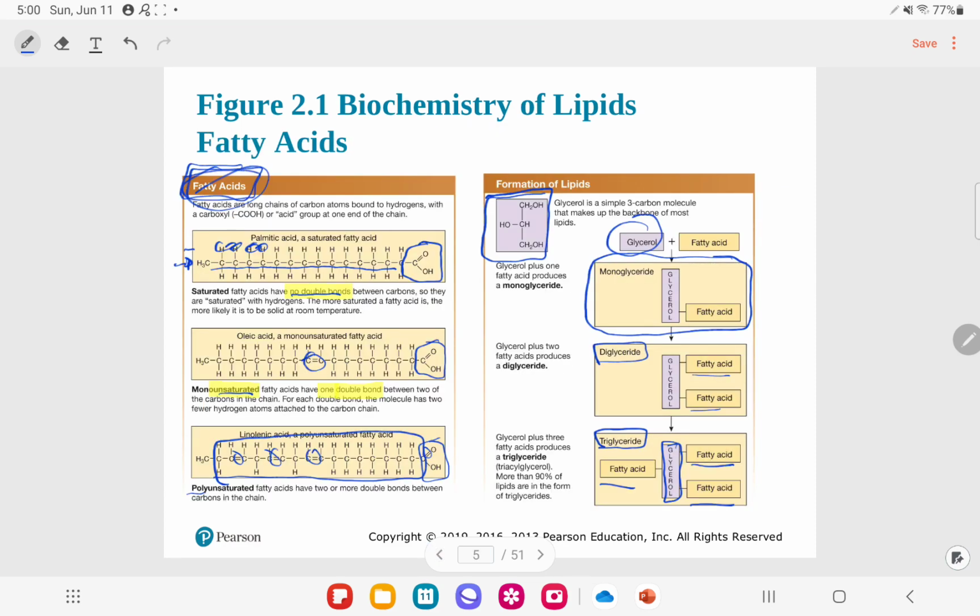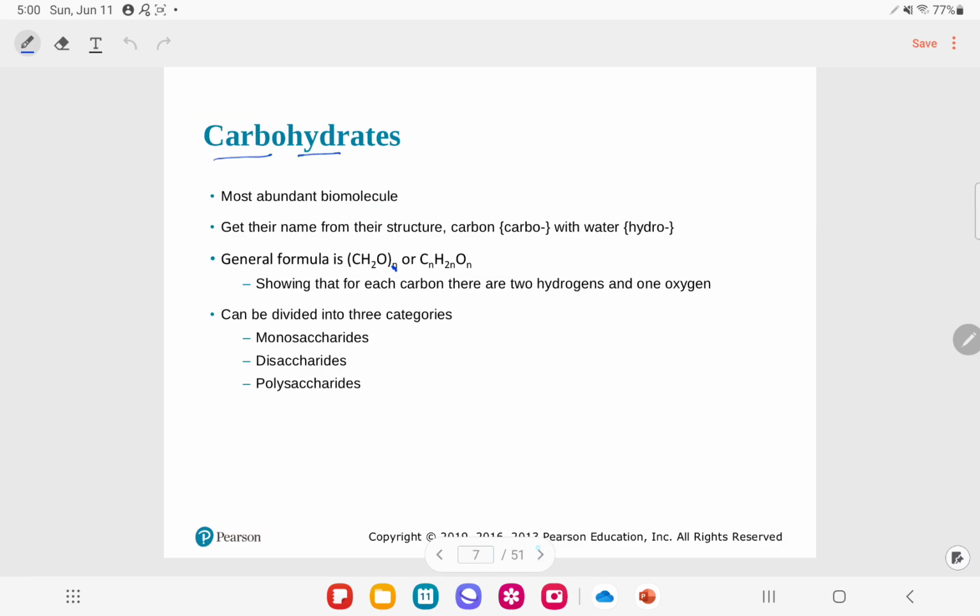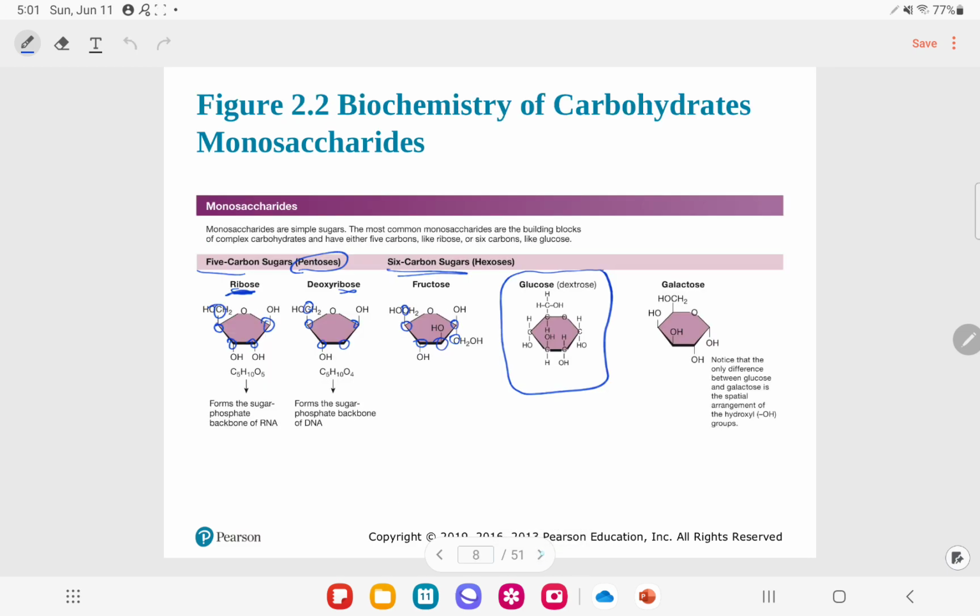And for carbohydrates, we have these monosaccharides and disaccharides as the building blocks. Carbohydrate is a complex sugar. So you take these simple sugars, you add them together, and you make a complex sugar, okay? So those are the units or the building blocks of carbohydrates, okay?